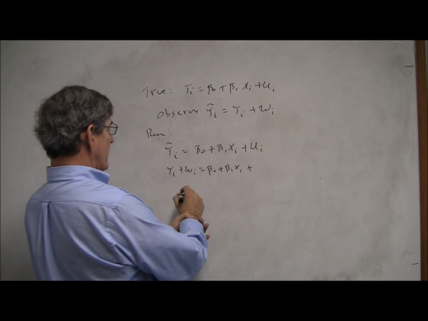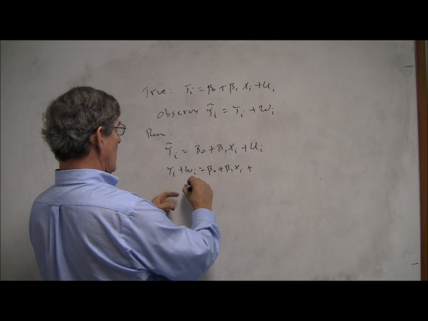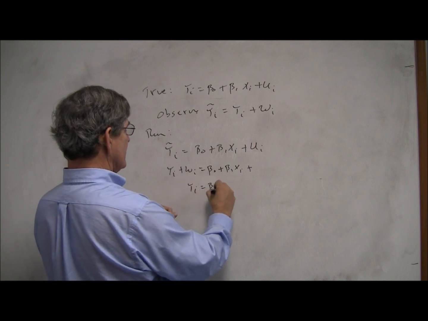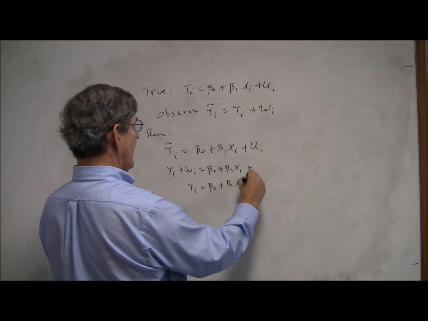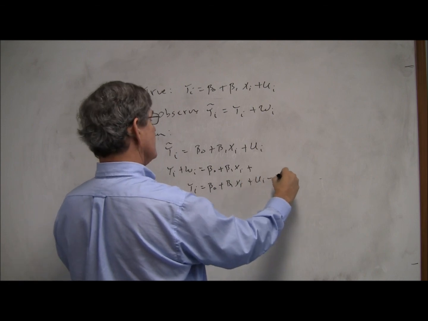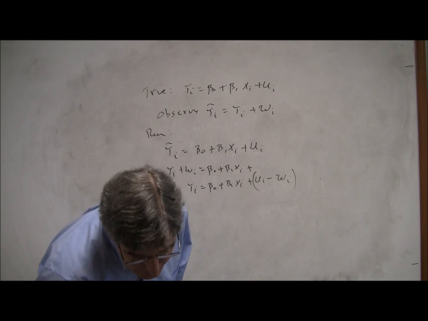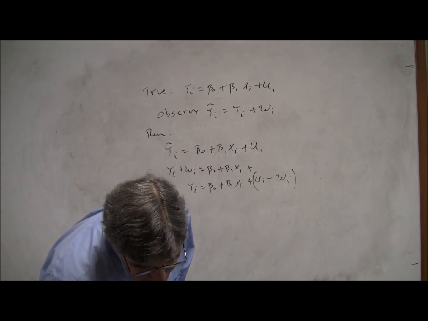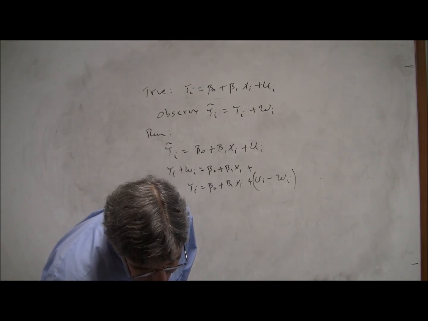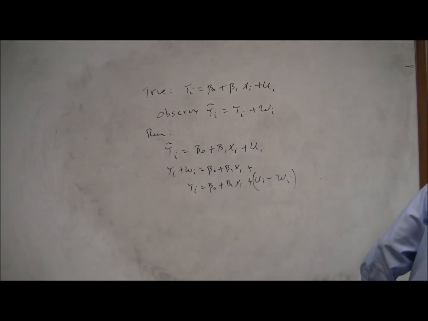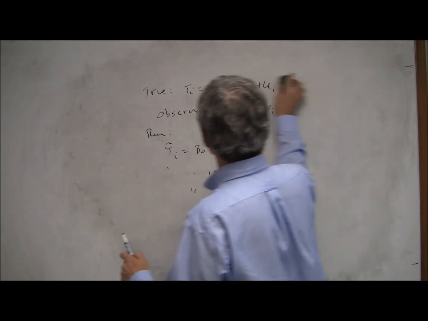Then the model would be yi is beta 0 plus beta 1 xi plus ui minus wi. All it does is make your error bigger. Let me do it a different way.